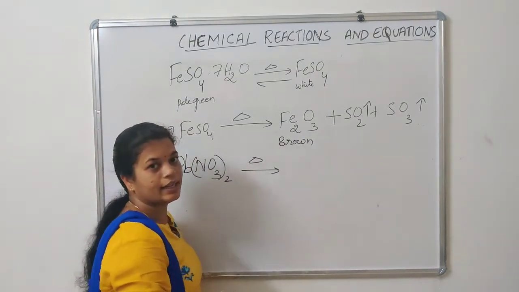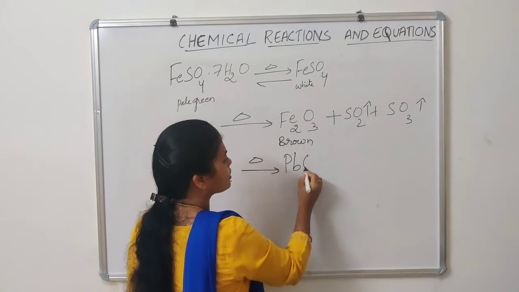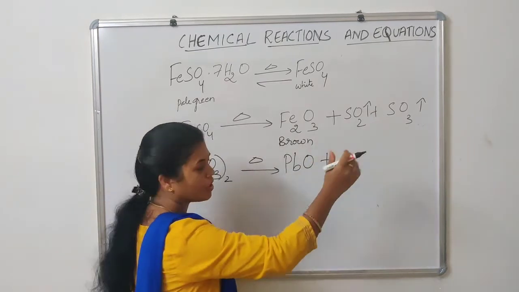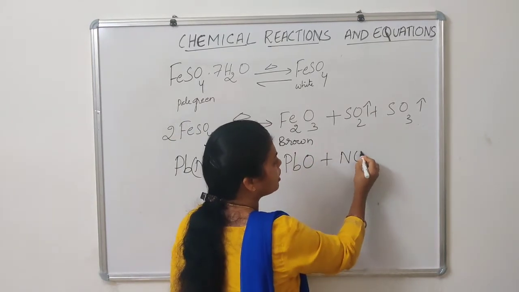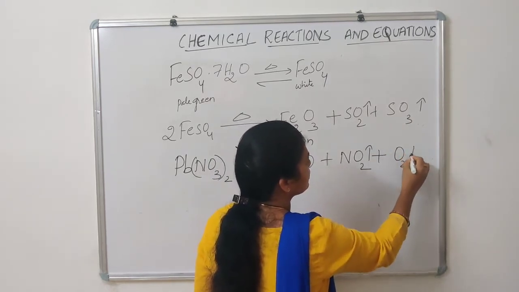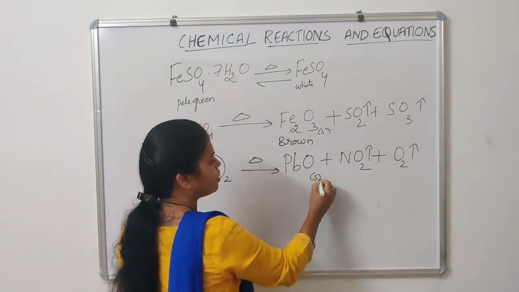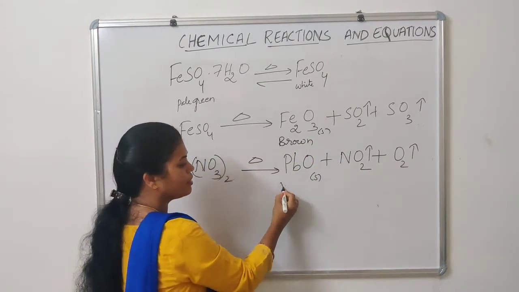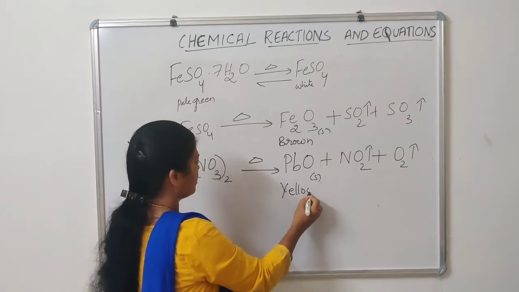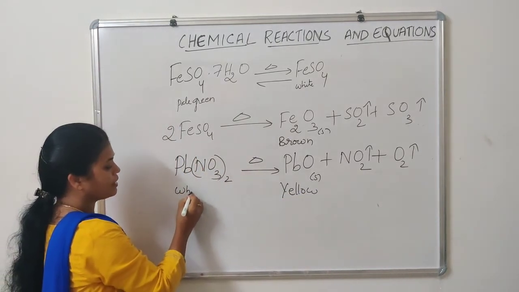Now lead nitrate on heating forms lead oxide plus, here also, three products are formed, nitrogen dioxide and oxygen gas. These gases are evolved, and the rest is solid. Lead oxide is yellow in color, whereas lead nitrate is a white crystalline solid.